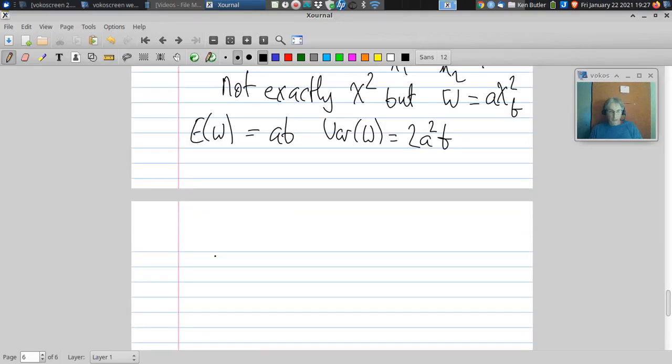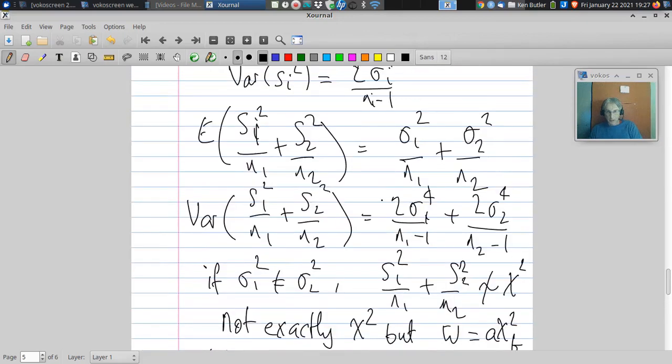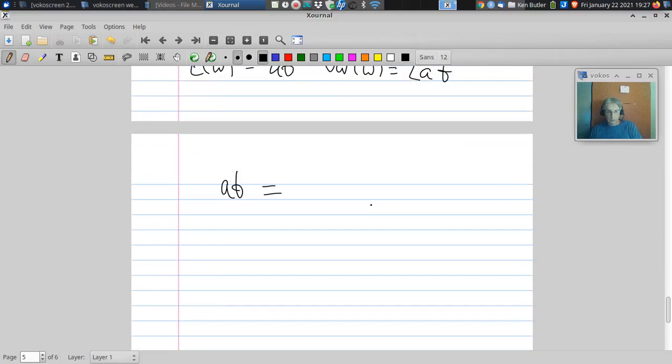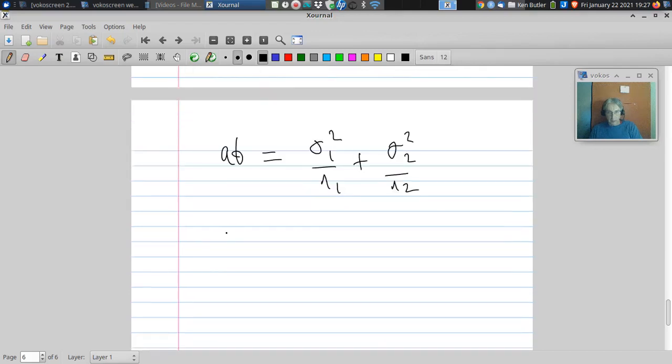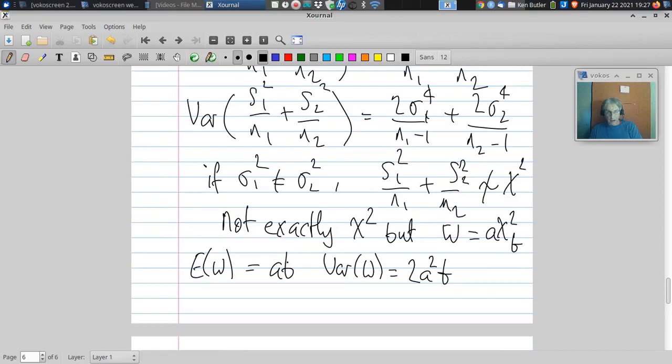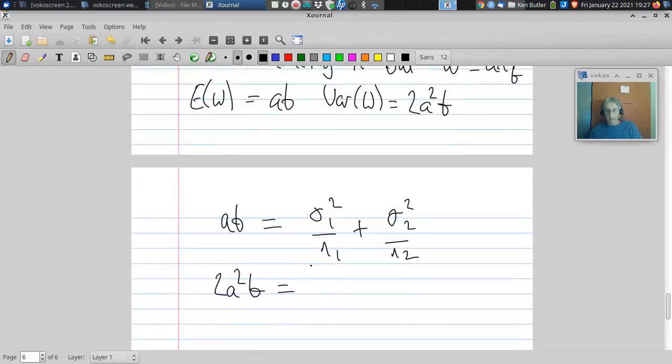So, in other words, we are going to set AB, which is the mean, equal to this mean. And we're going to set 2A squared B equal to the variance, which is that thing there.